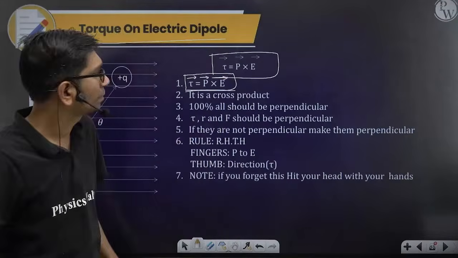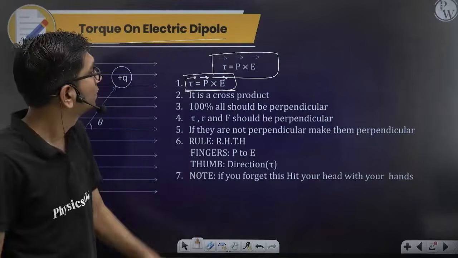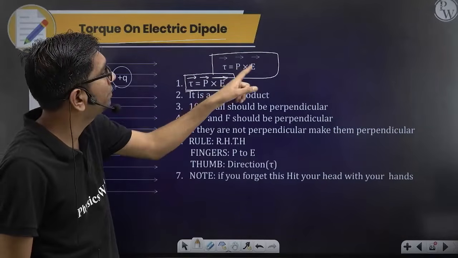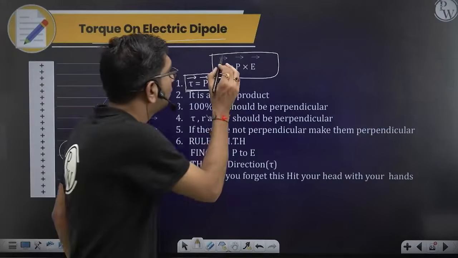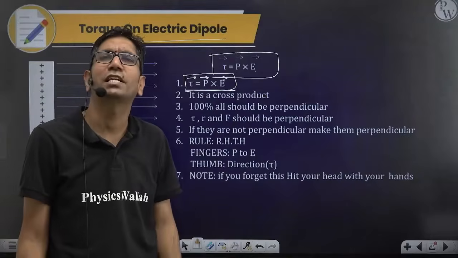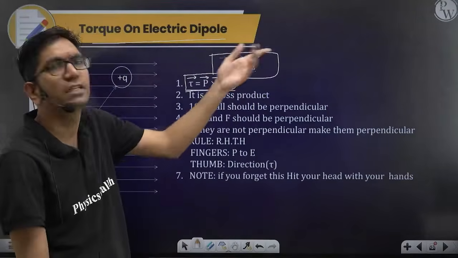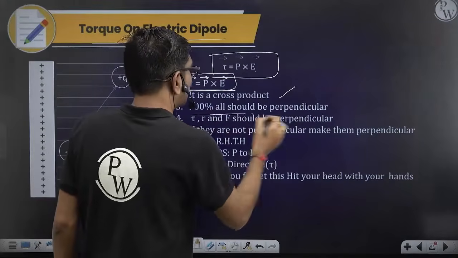First one, the cross product formula: as it is, you have to learn it by heart. Don't write E here and P here; don't interchange them. First you have to write P, next only E. Sir, how to remember? Potential energy, PE. The trick is, it is a cross product, so 100% all should be perpendicular.